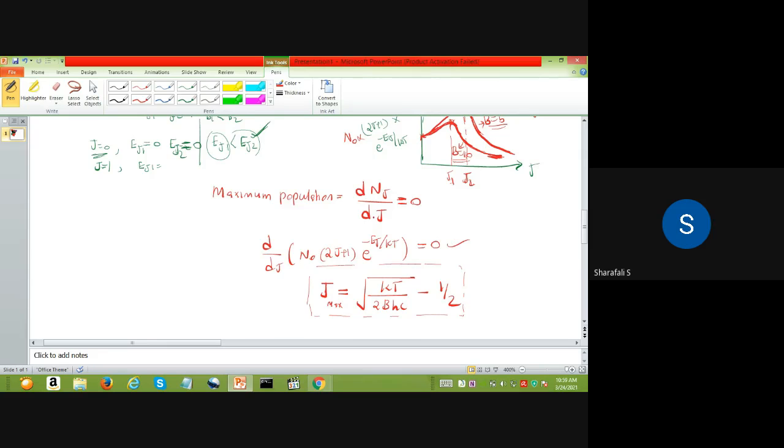You just do this d by dJ of this value and you will easily get this equation. So you just differentiate this quantity with respect to J, put it equal to 0, and then find the value of J.